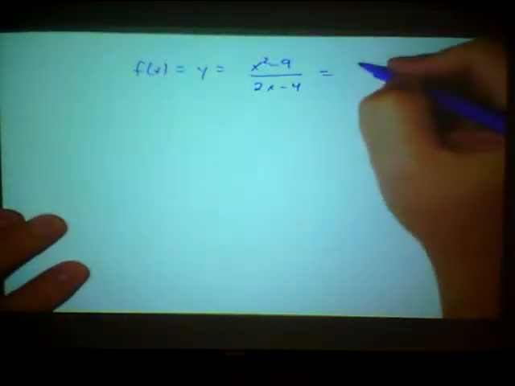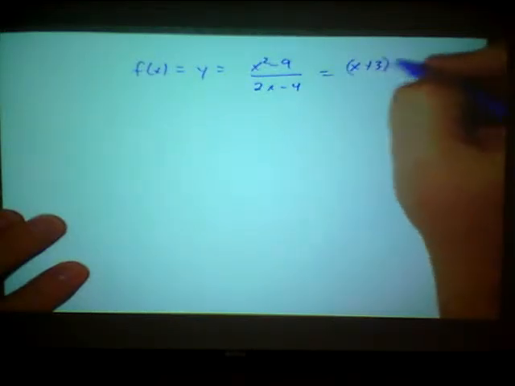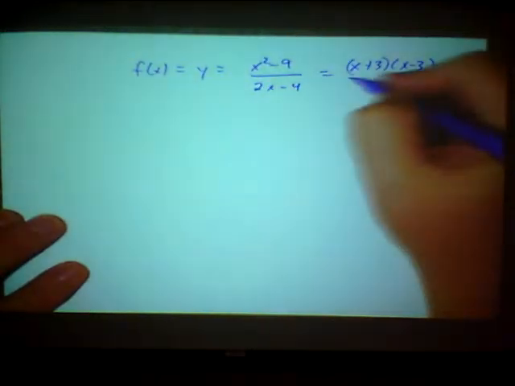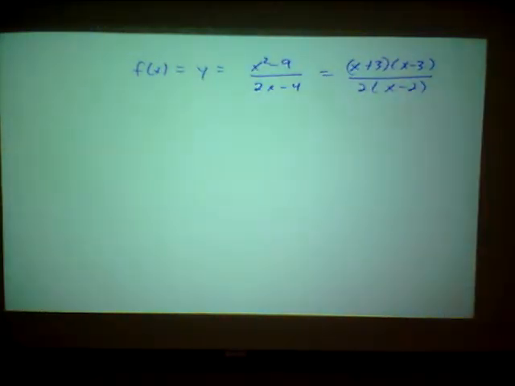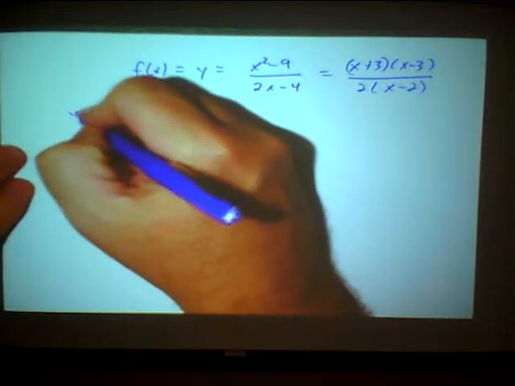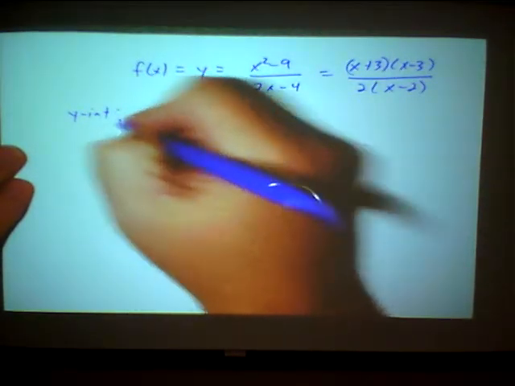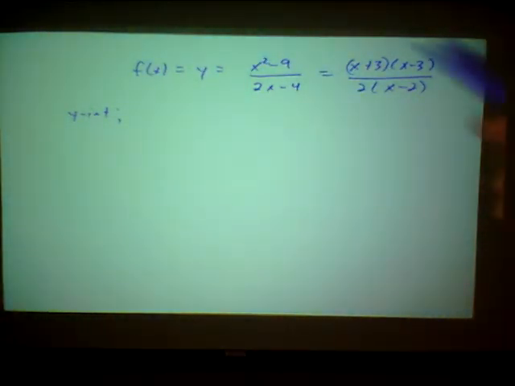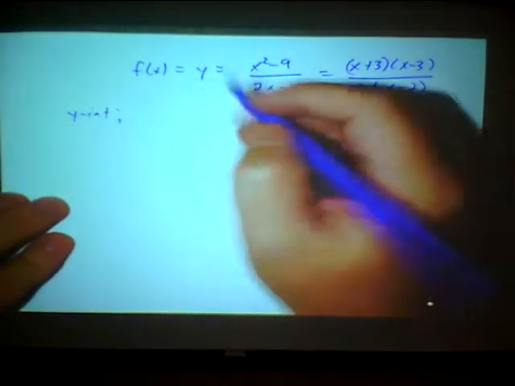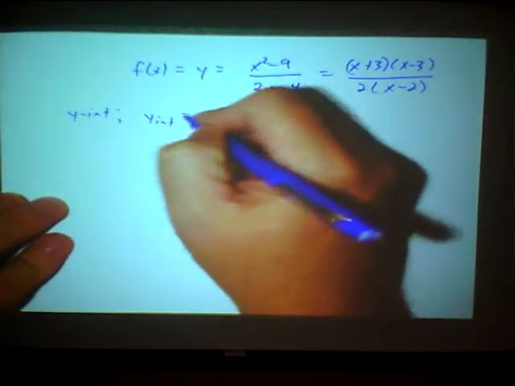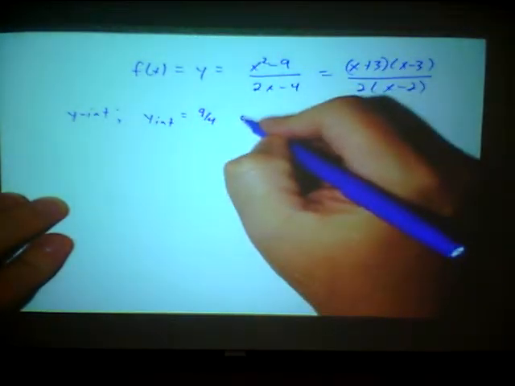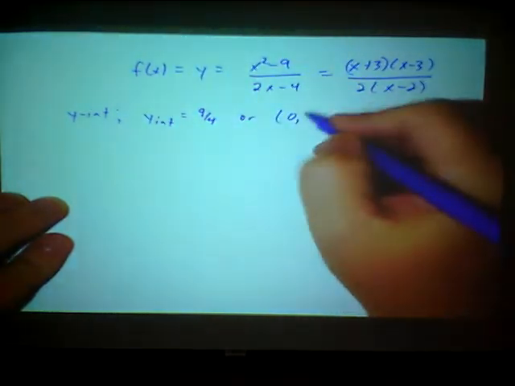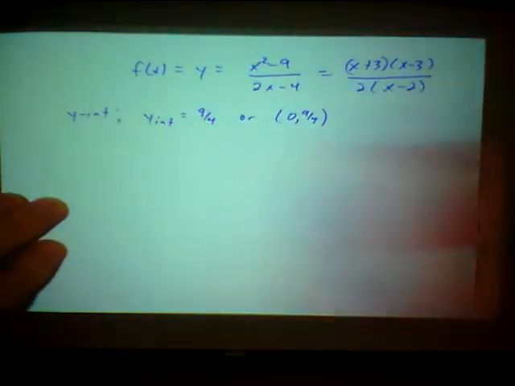The numerator is the difference of squares, and in the denominator I can factor out a 2. Now let's look at intercepts. How about the y-intercept? If I set x equal to 0, I'll use this first form. The y-intercept is going to be 9/4, or I could write it as (0, 9/4), which is like 2 1/4.